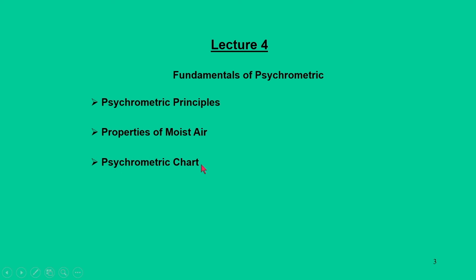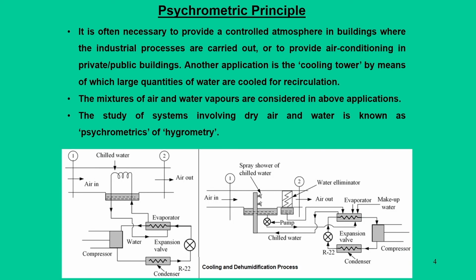On this psychrometric chart, we are going to see how you can evaluate the properties of moist air on a single psychrometric chart. So, these are the topics that we are going to address in this lecture. Let us start with the first one, that is psychrometric principles.